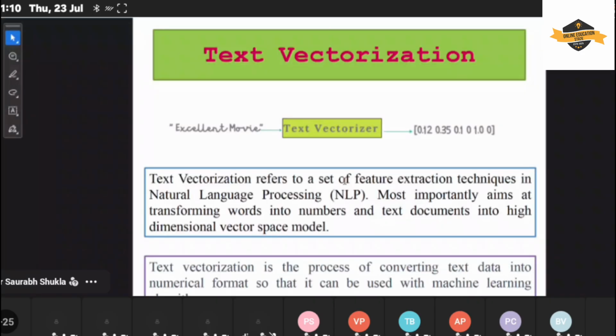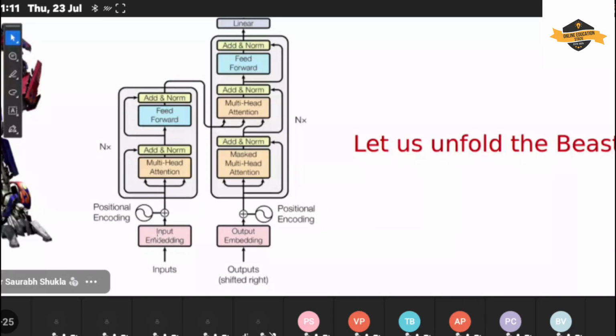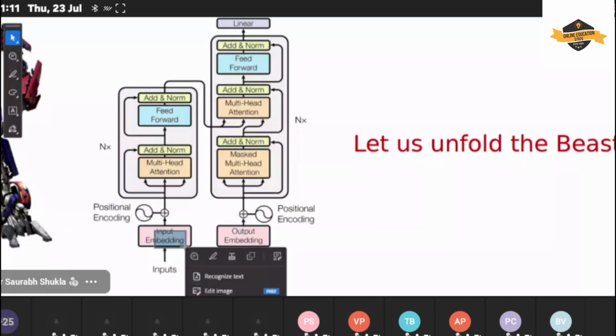Okay. Then now you can see the heading, text factorization and word embeddings. This embedding word, can you see here also? Now you can see the relation between the large language model, which is working on transformer, and NLP.